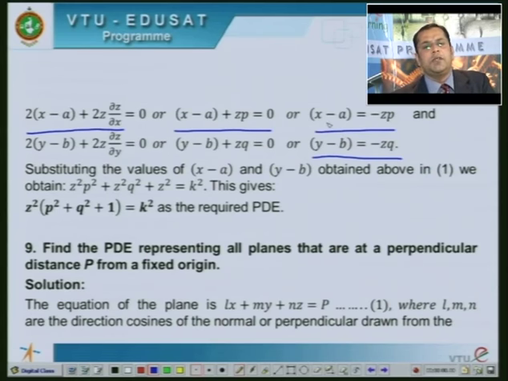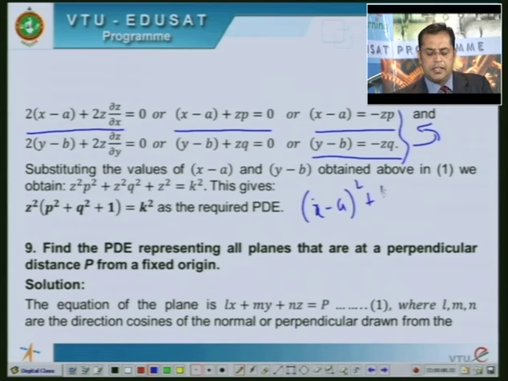Because these two expressions contain x minus a and y minus b, we just substitute these two in the relation obtained in equation 1, which is (x minus a)² plus (y minus b)² plus z² equal to k².